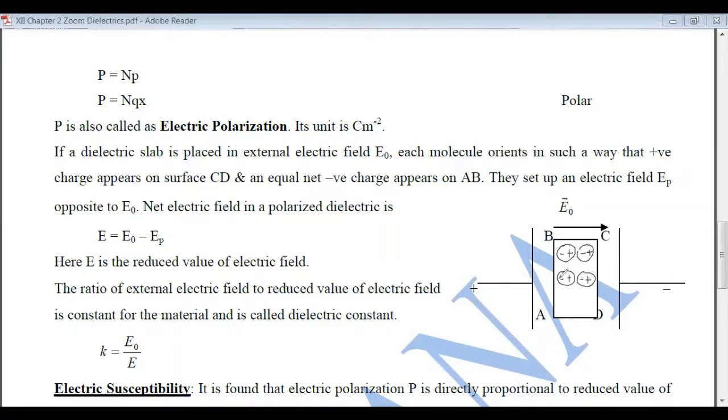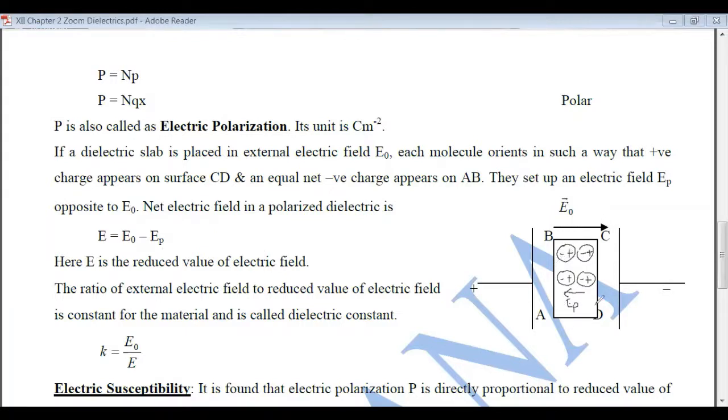Due to this orientation, some electric field is created inside the dielectric slab. Let it be EP. Now what will be the net electric field in the interior of this dielectric slab? It will be E naught minus EP. Why? Because E naught is the external electric field.